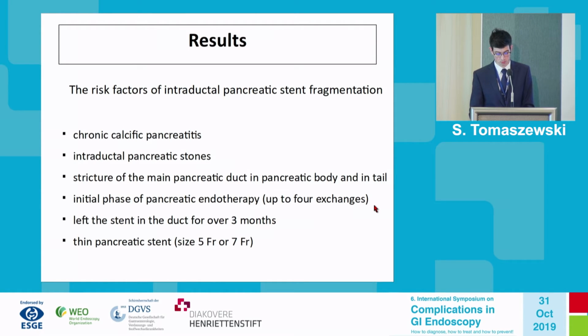The fracture was connected also with the size of the prosthesis, and in 30 patients it was 7 French.